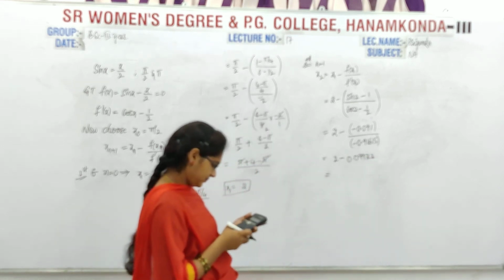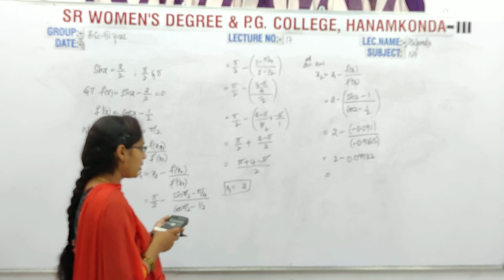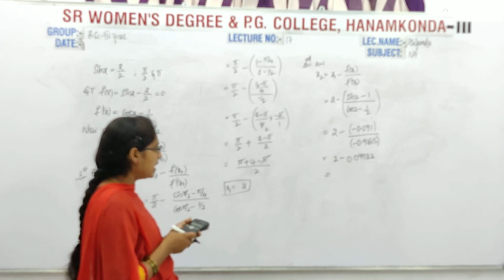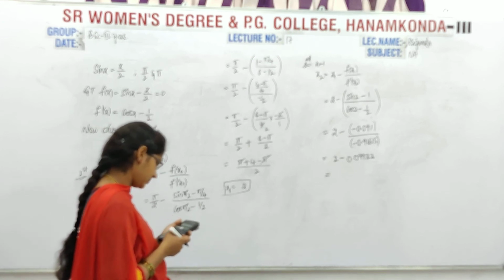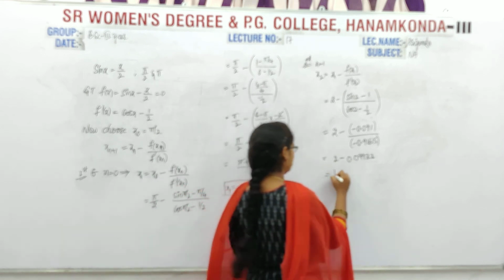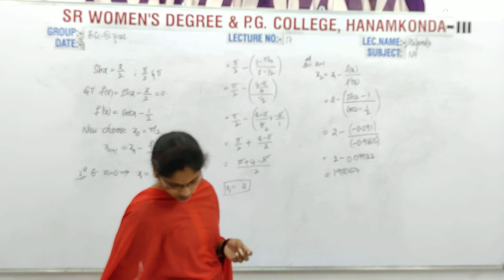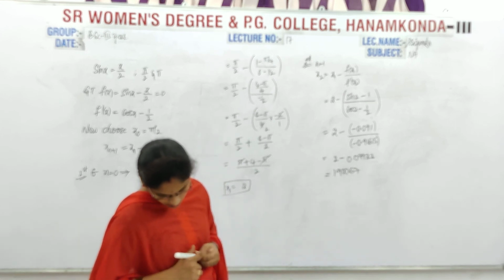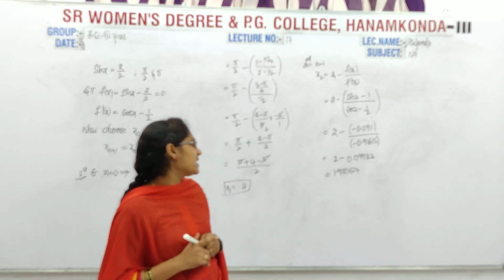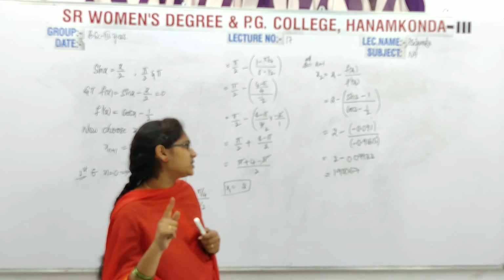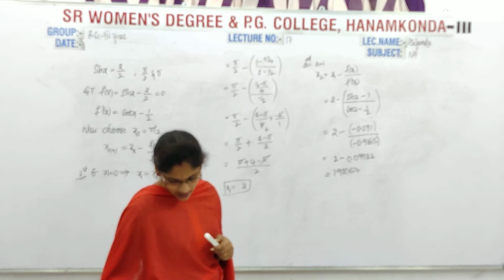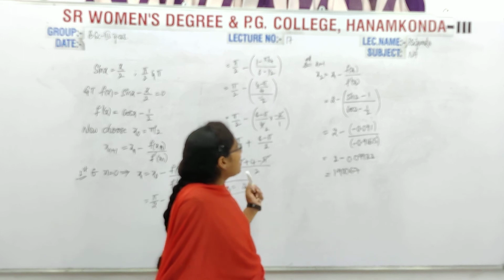Now simply 2 minus 0.09933, 1.90067 is the value of x2. Okay, so simply here we can take 1.901 also. Okay, so now here we have the value of x2.